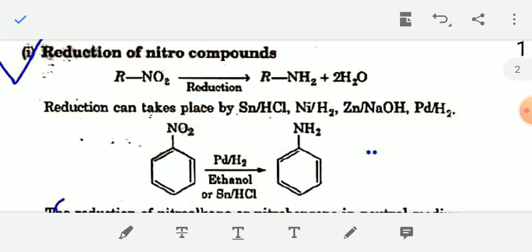And the reducing agents used are Sn/HCl, or nickel/H2, or zinc with sodium hydroxide, or palladium with hydrogen gas. Any one reducing agent you can use. Different types of reducing agents are given here.